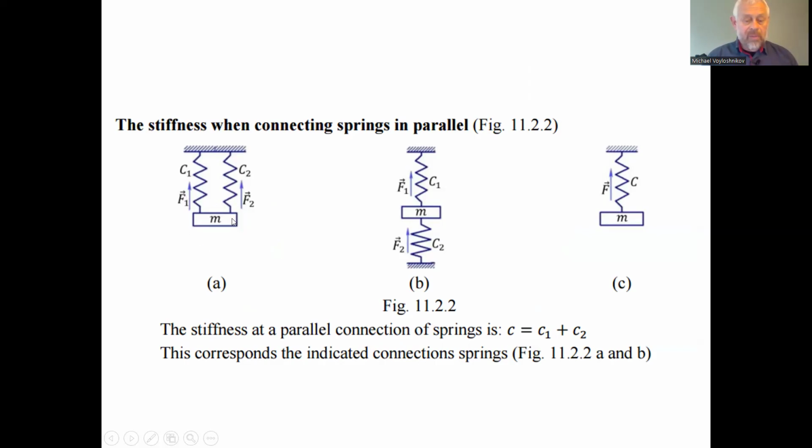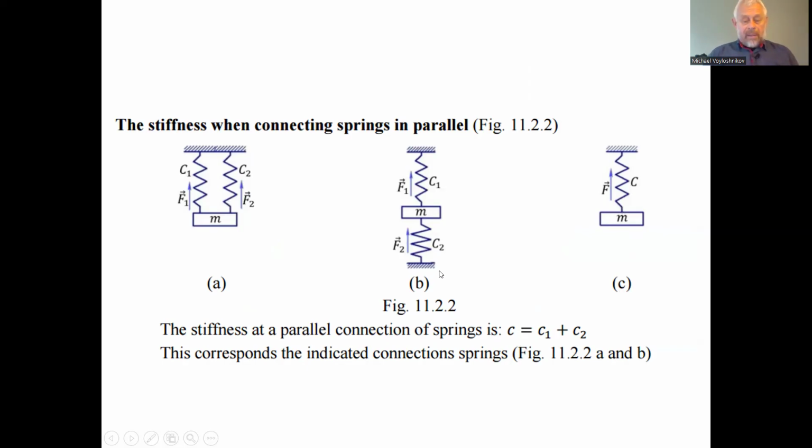For the parallel connection of two springs, not the connection in series, the common stiffness of the springs, if we assume a suspension with an equivalent spring of the same stiffness, like indicated on figure 11.2.2c, will be equal just to the algebraic total C1 plus C2.